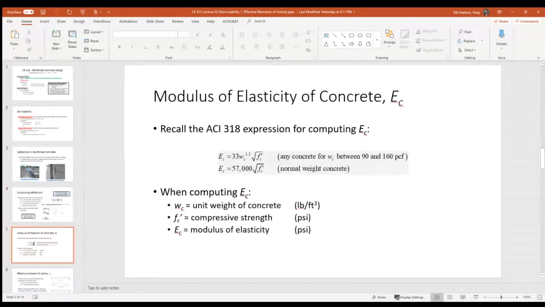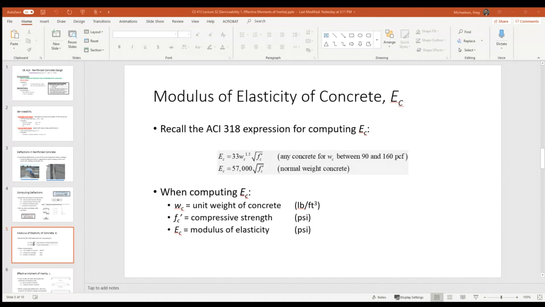Now, the modulus of elasticity is really simple. We've actually seen this before. We used this a while back when we were looking at flexural analysis. So recall the expression: it's 57,000 times the square root of f'c for normal weight concrete. And then there's this formula above for any concrete between 90 and 160 pounds per cubic foot.